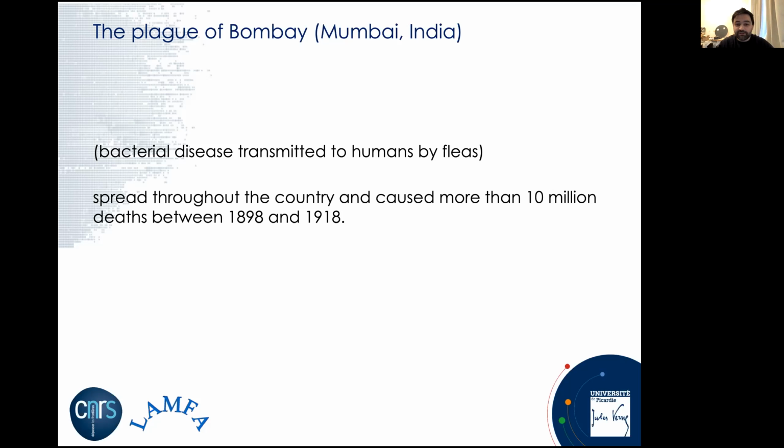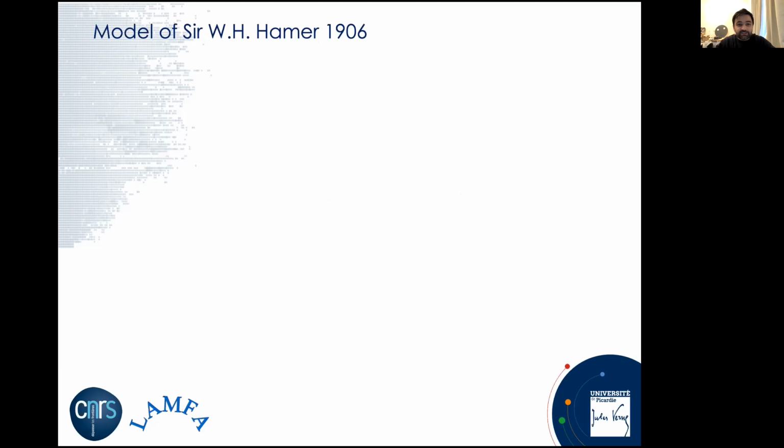Most of them were biologists, epidemiologists, or medical doctors. The first one, I think, is Sir Hammer, who proposed what is really the main idea still used today. He proposed to divide the population into compartments.